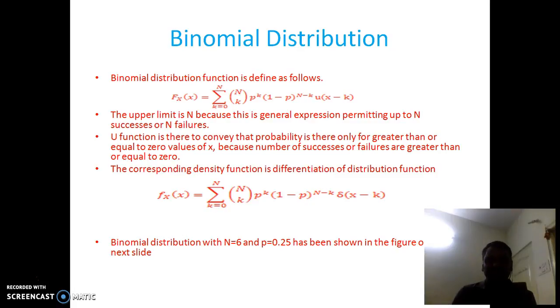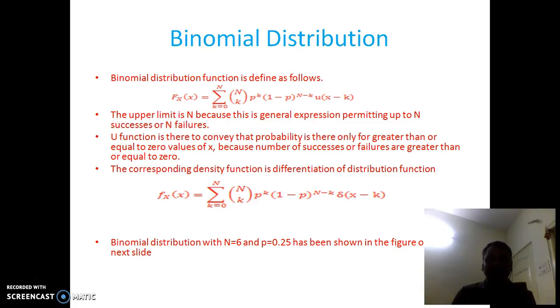Capital Fx of x, which is probability of capital X being less than or equal to small x, is equal to sigma k equals 0 to capital N, NCK, p to the power k, (1 minus p) to the power capital N minus k, u of x minus k.